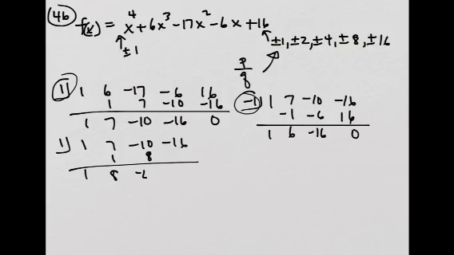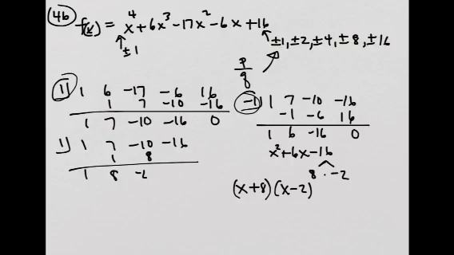Now once you're down to 3 numbers, then remember it's x squared plus 6x minus 16. You could factor it without having to use the p over q synthetic division. So factors of negative 16 that add up to positive 6 are 8 and negative 2. So that would be x plus 8 and x minus 2.